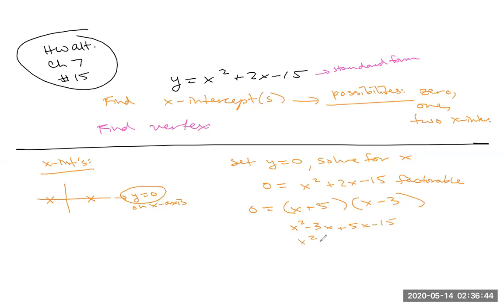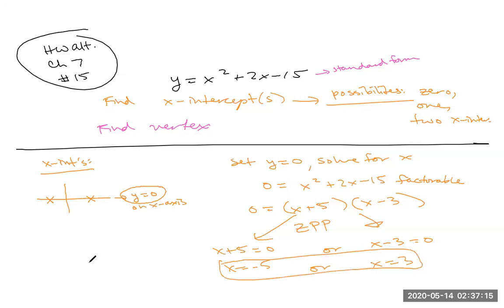That turns into x squared plus 2x minus 15, so it checks out. Now from here, we're going to use the zero product property. That tells us that x plus 5 can equal 0, or x minus 3 can equal 0. So x turns out to be negative 5 or 3.